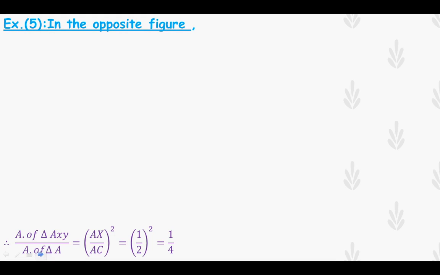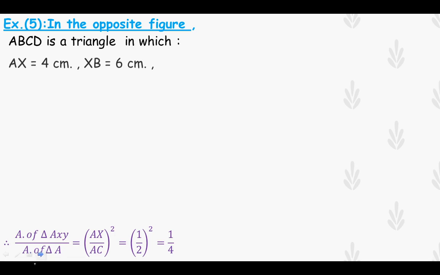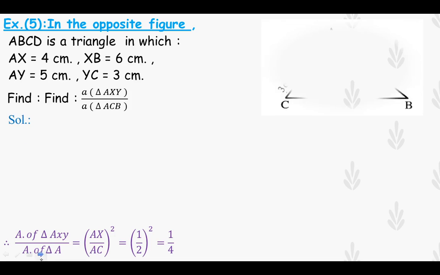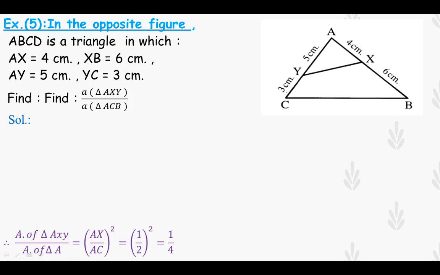In the opposite figure, ABC is a triangle in which AX equals 4, XB equals 6 centimeters, AY equals 5, YC equals 3 centimeters. Find the area of triangle AXY over the area of triangle ACB. And this is the figure. Okay, let's first solve it together.